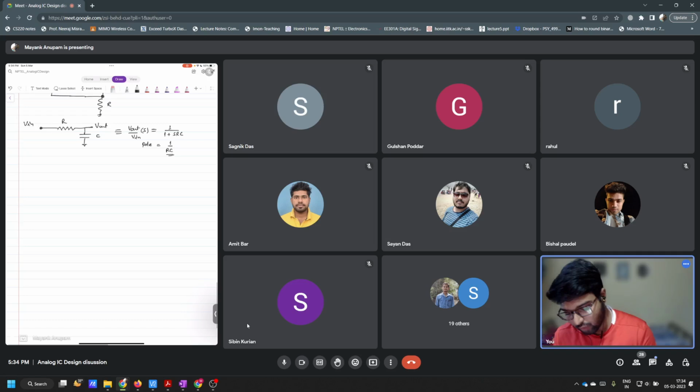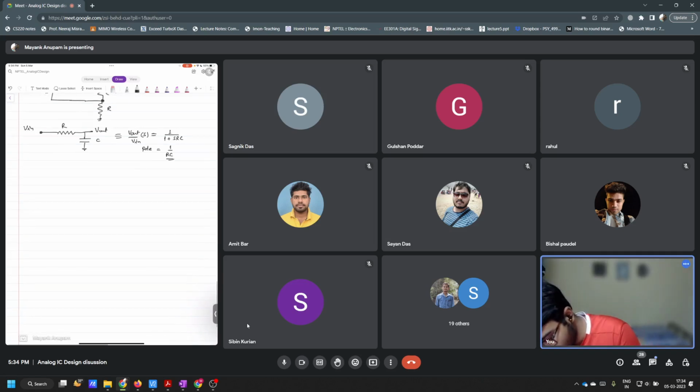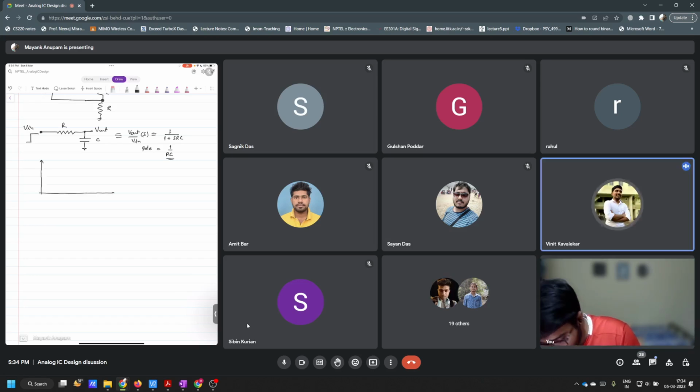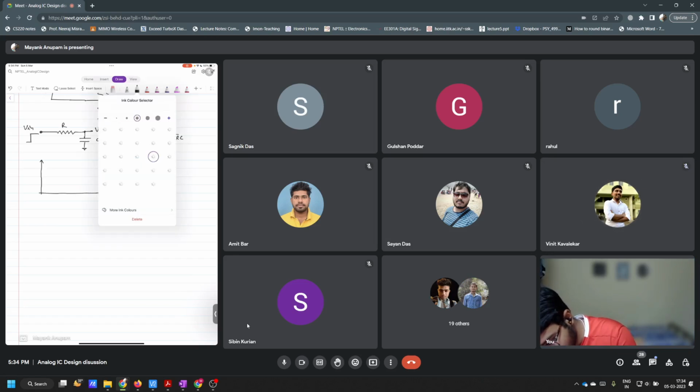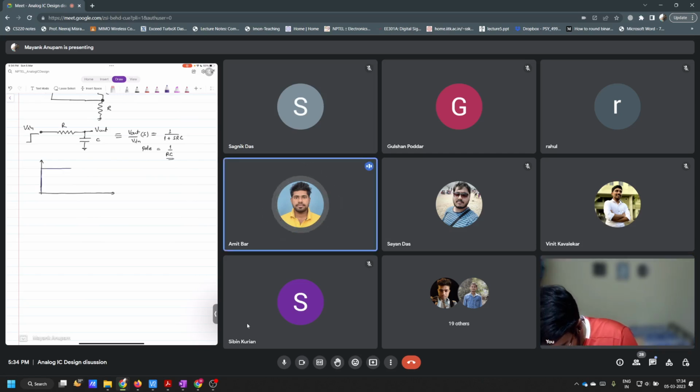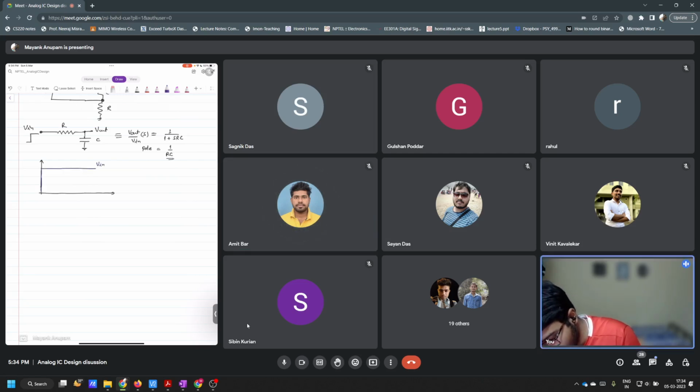So what do you see in this case when you apply a step input here? How is the response to the step input at the output? Exponential. Correct. So let's say this is your step input. Exponential charging. Yeah, so this is the input. So the step output is like this, right?